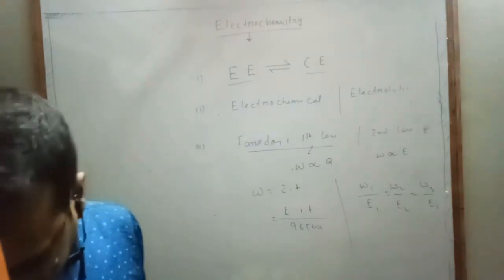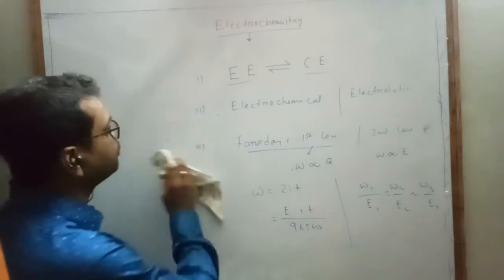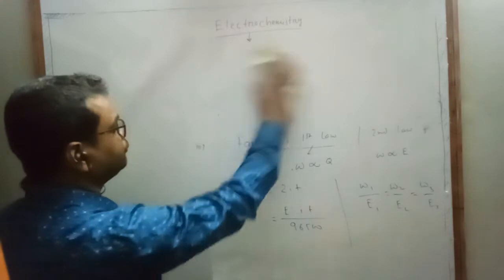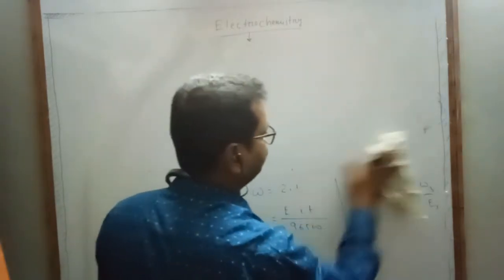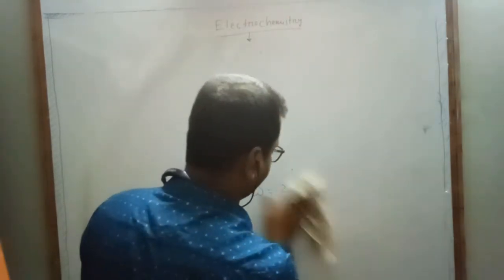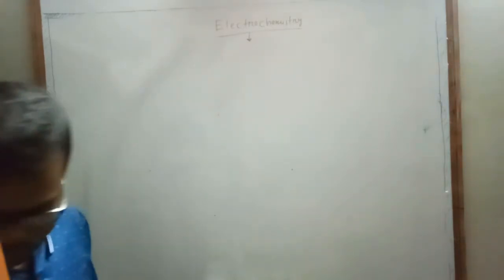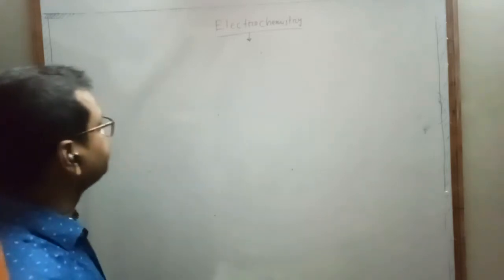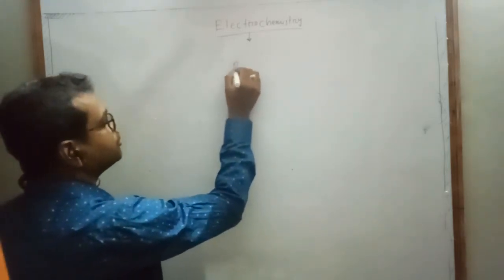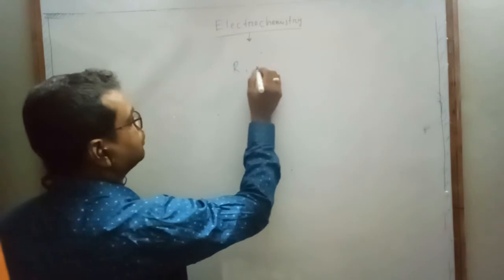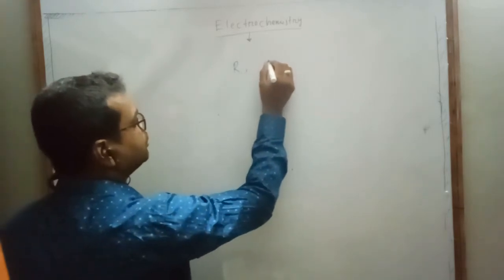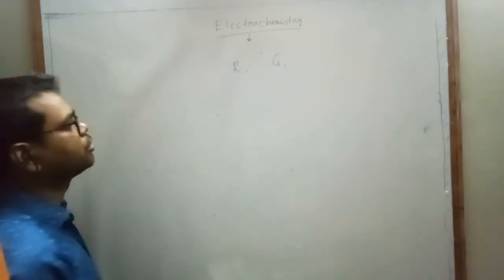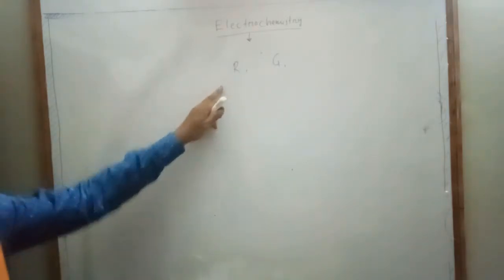After that, we have learned some terms in this chapter. Actually what we have learned: your resistance R, then conductance G. G is the reciprocal of resistance.